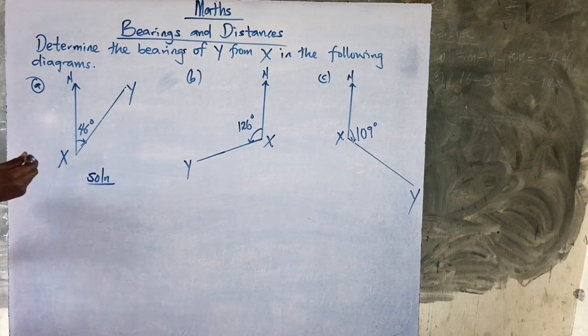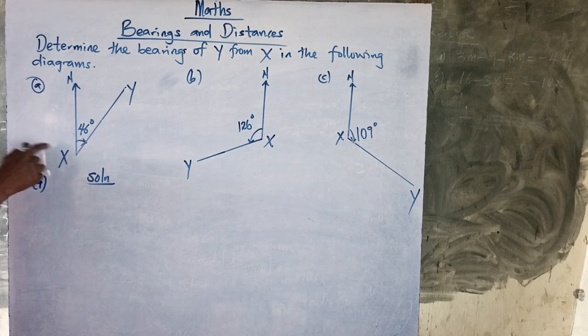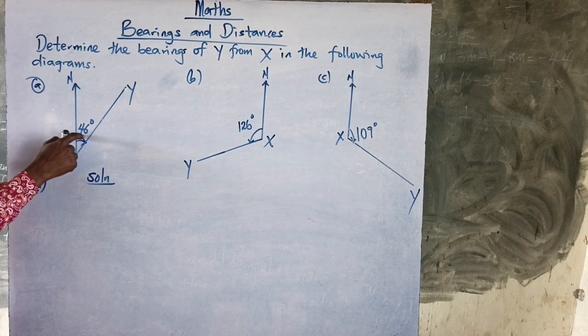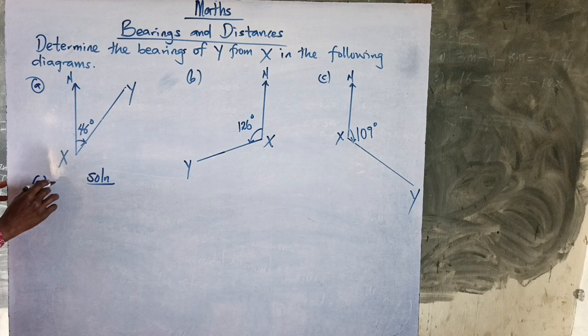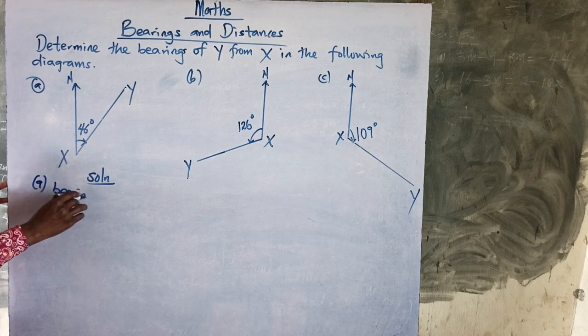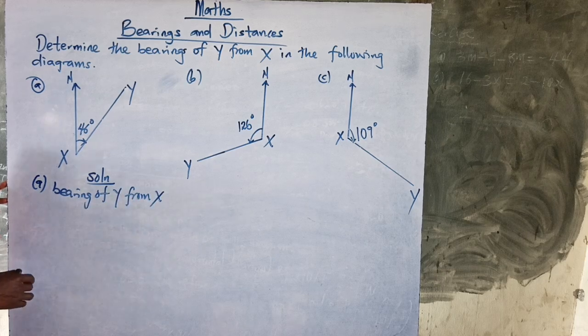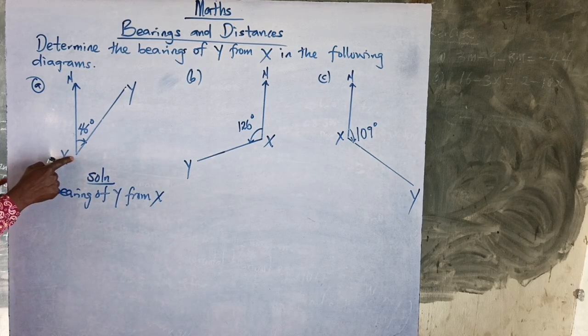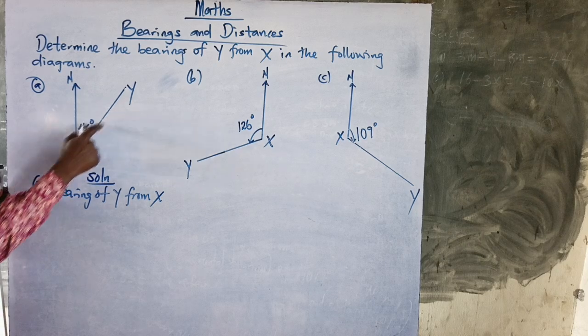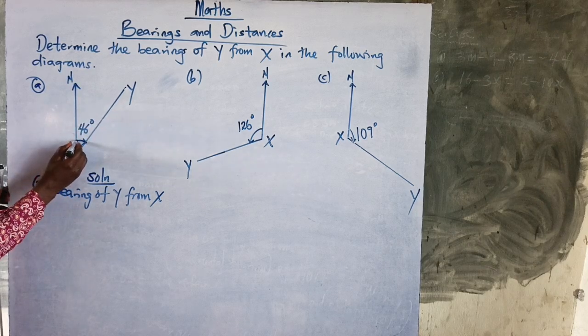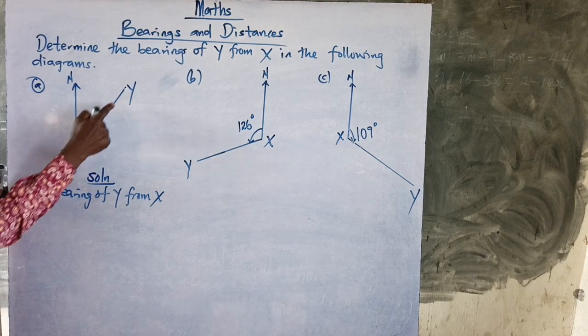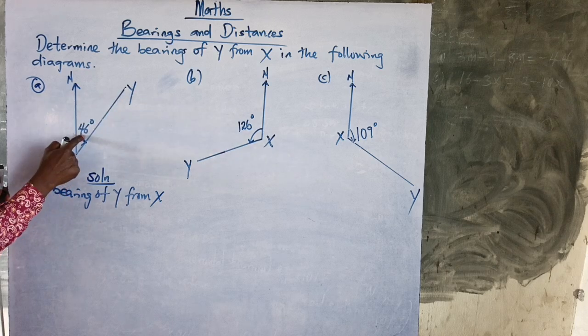But we are using three figures, or three digits, which is true bearing, to describe the bearing of y from x. We measure the angle from the north of x to the line that connects x and y together to be 46.